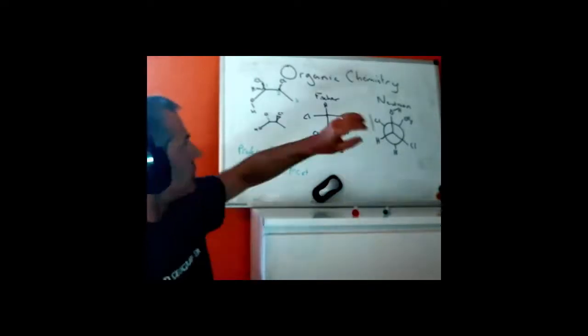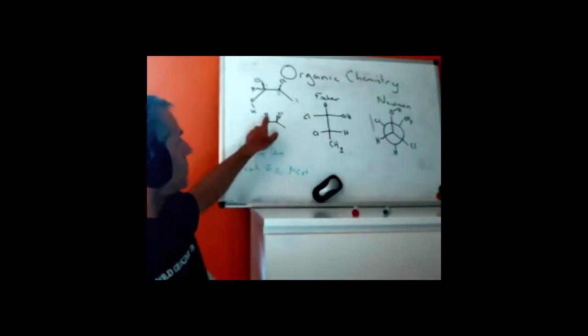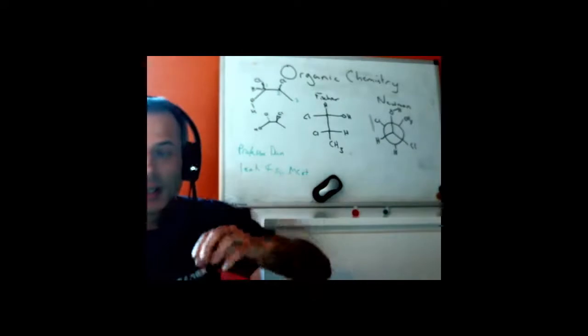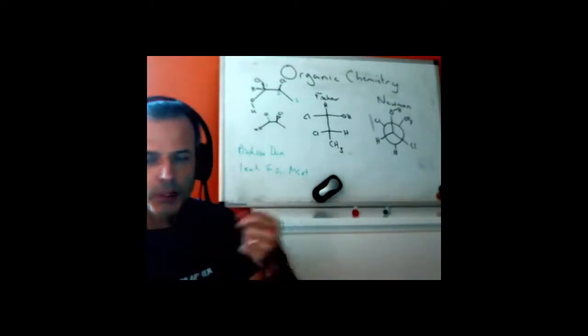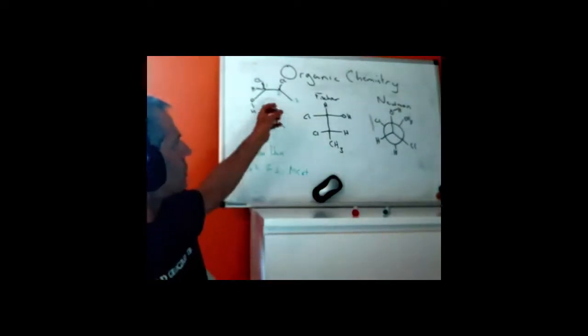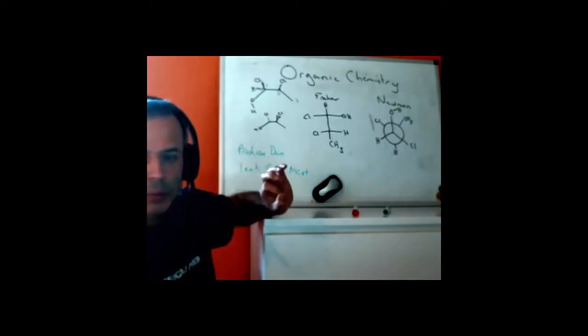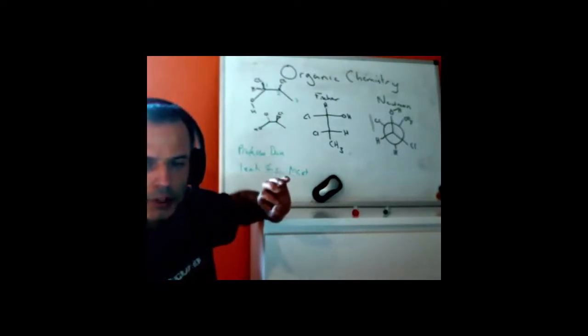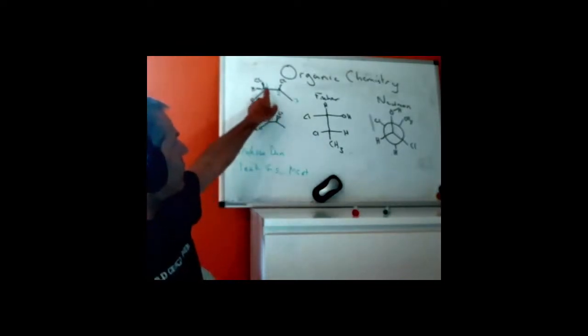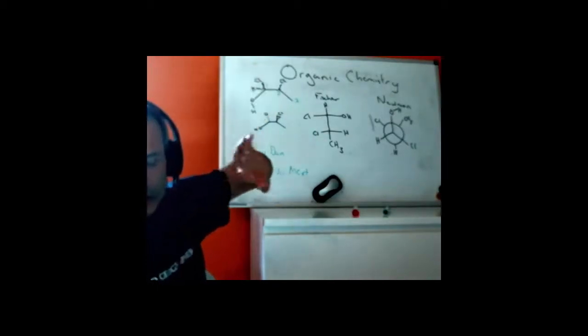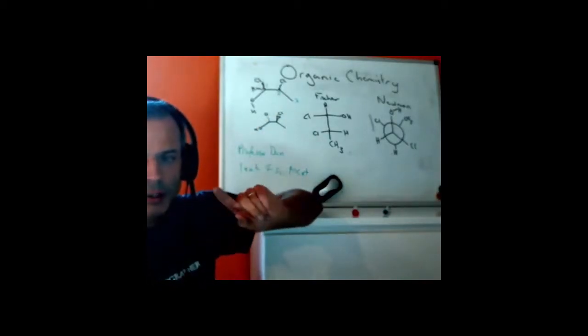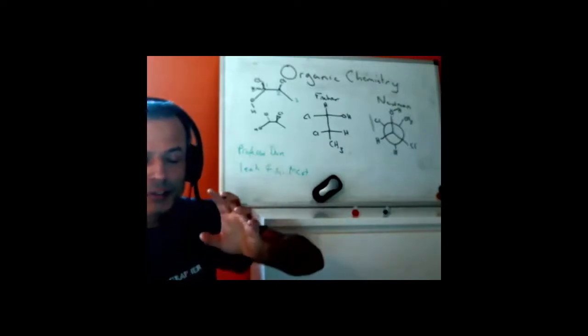What we need to do is label these atoms on our molecule and give them a priority. So we need to know which one we're going to call number 1, which one we're going to call number 2, which one we're going to call 3, and which one we're going to call 4 on this atom number 1. So I'm going to rub out the 1, 2, and 3 so that we don't get confused with different numbers, and then we will consider it.